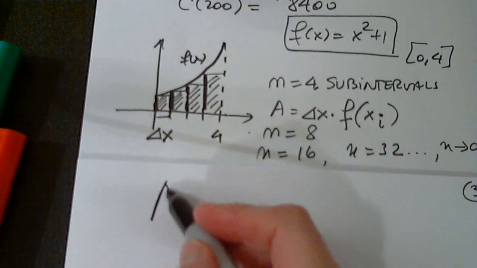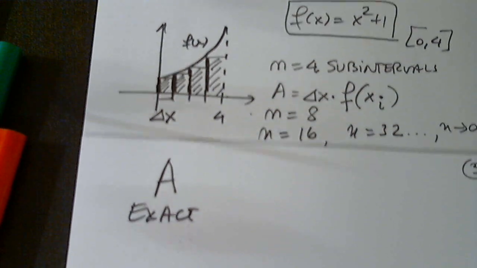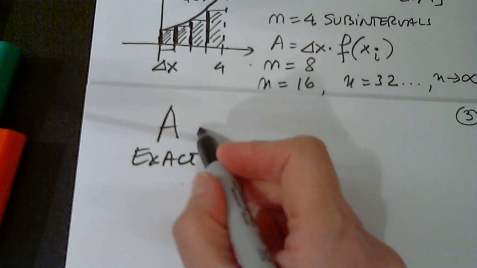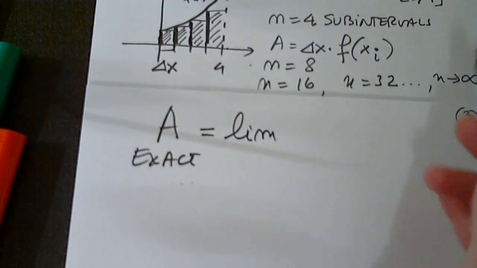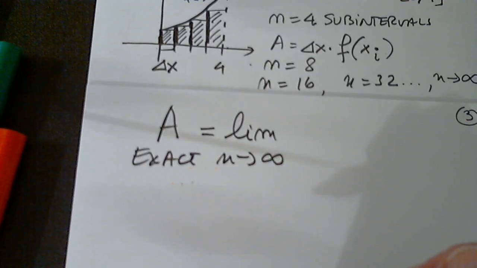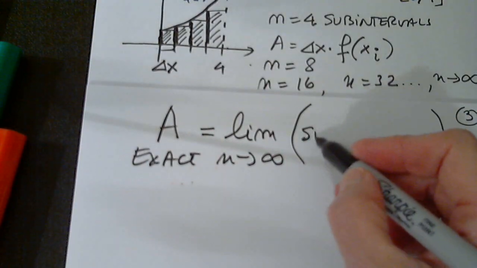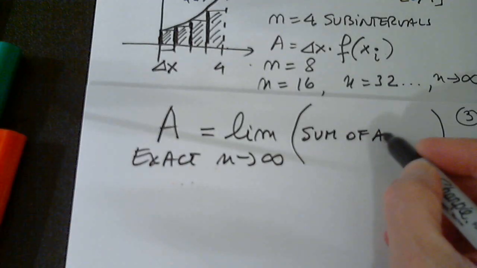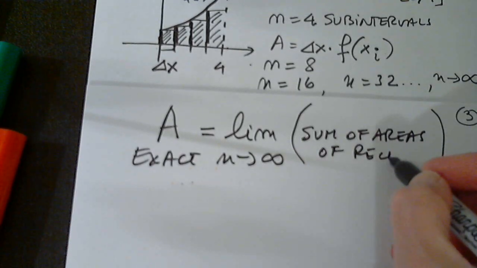So, the exact area will be the limit as the number of subintervals goes to infinity of a sum of areas of rectangles.